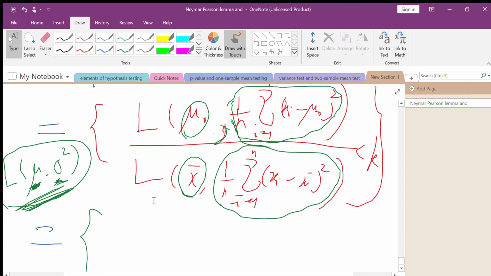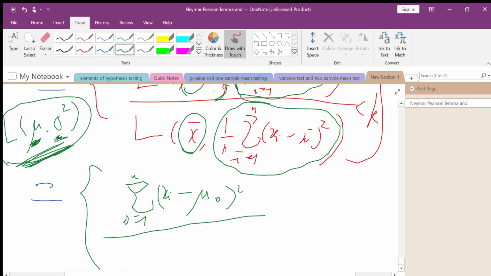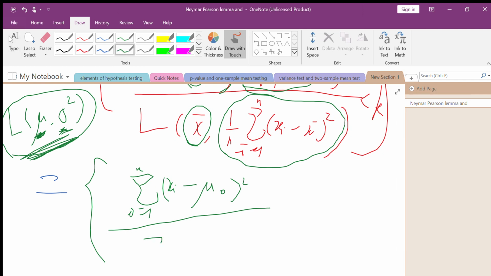We got exponential of something with some factor less than k, and you can do some simplification, and you can get the sum over i from 1 to n of (xi minus mu 0) squared divided by the sum over i from 1 to n of (xi minus x bar) squared greater than k.